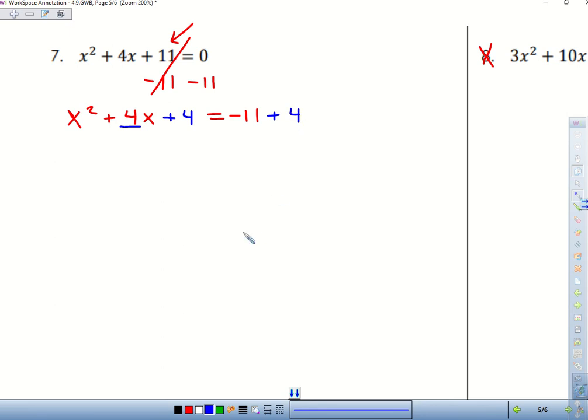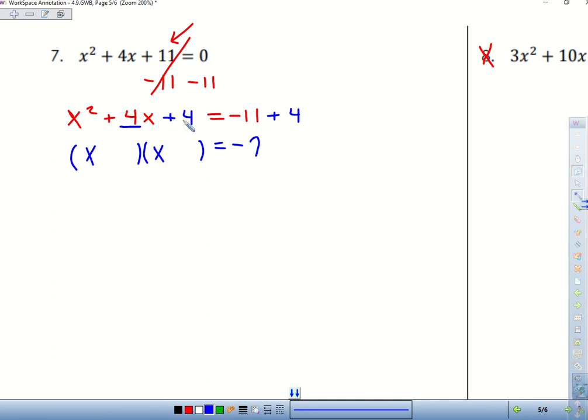Good. So see how in the last problem we had to multiply this number by what's on the outside? Why didn't I have to do that this time? Yeah, there's nothing there. So if there is, you do it. If there's not, don't worry about it. Now you can just simplify on the right. That's -7, right? And over here, this just factors into 2 binomials.